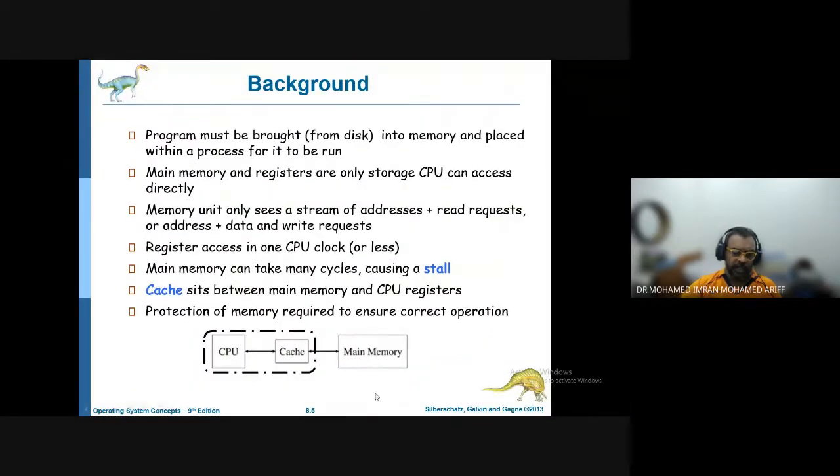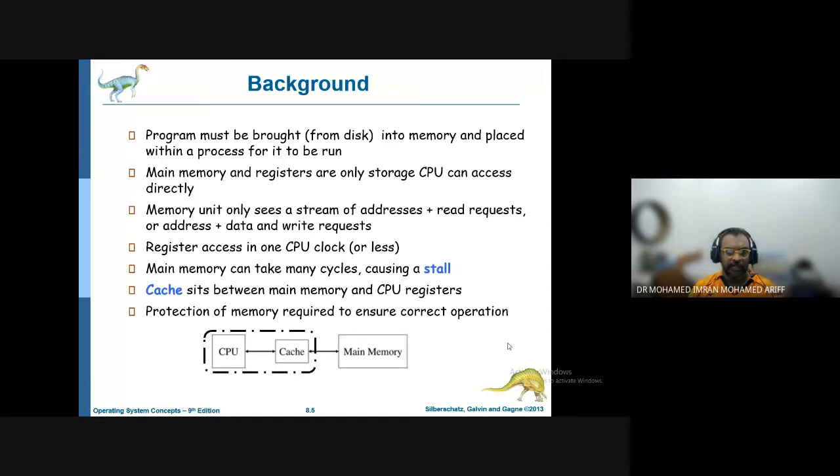as you look at this diagram, this is how a simple memory management in a computer system works. You have the CPU, you have the cache memory, and you have the main memory. Okay, the cache memory and registers are inside the CPU.